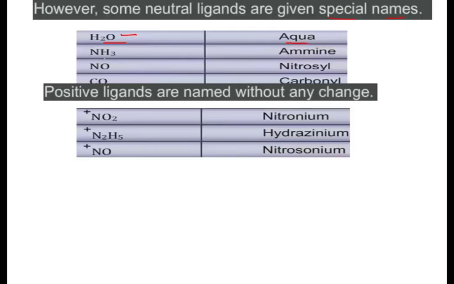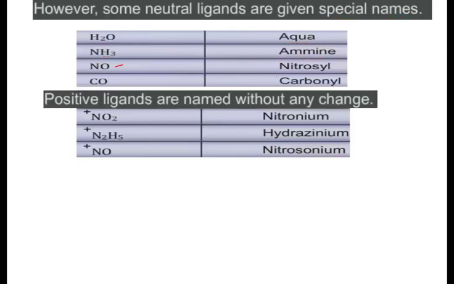In the same manner, NH3 is amine, as we have discussed. NO is nitrosyl, and CO is carbonyl. If there are positive ligands, they are named without any change. For example, NO2 positive is nitronium, and then hydrazinium and nitrosonium. So all these things you have to remember.